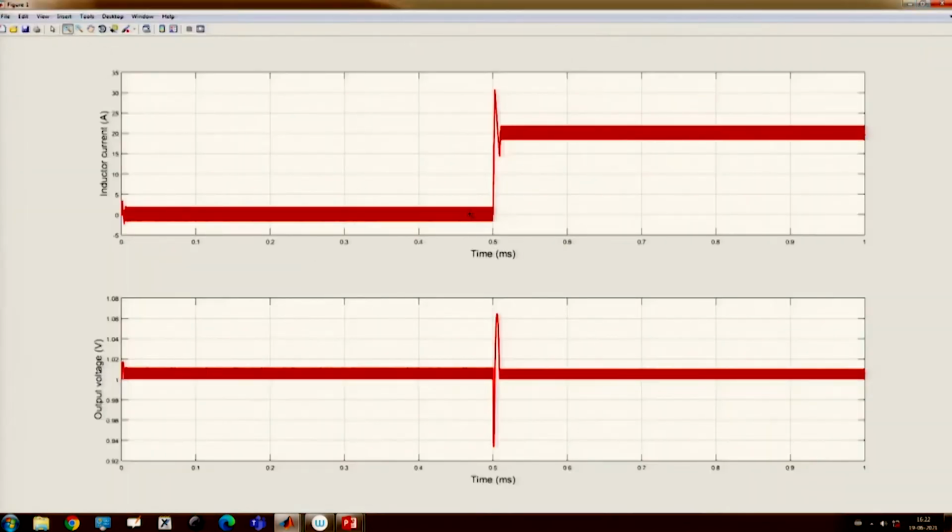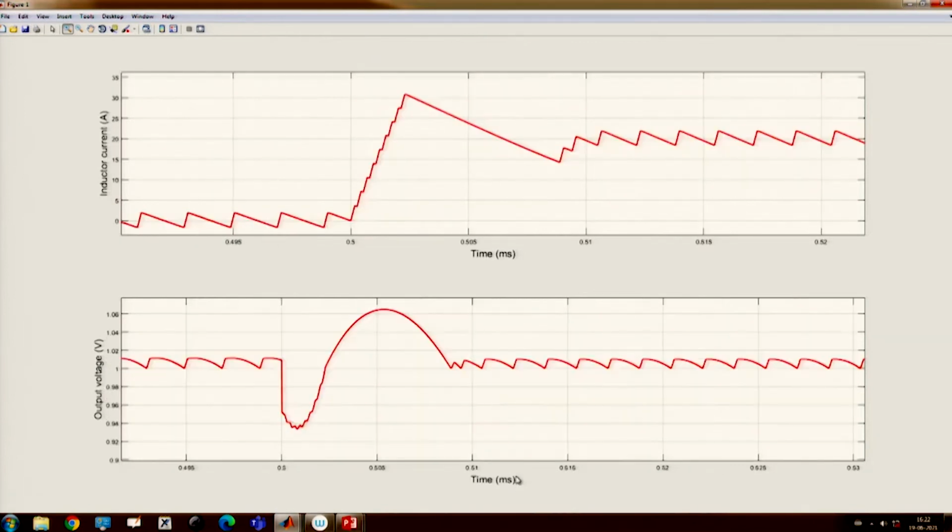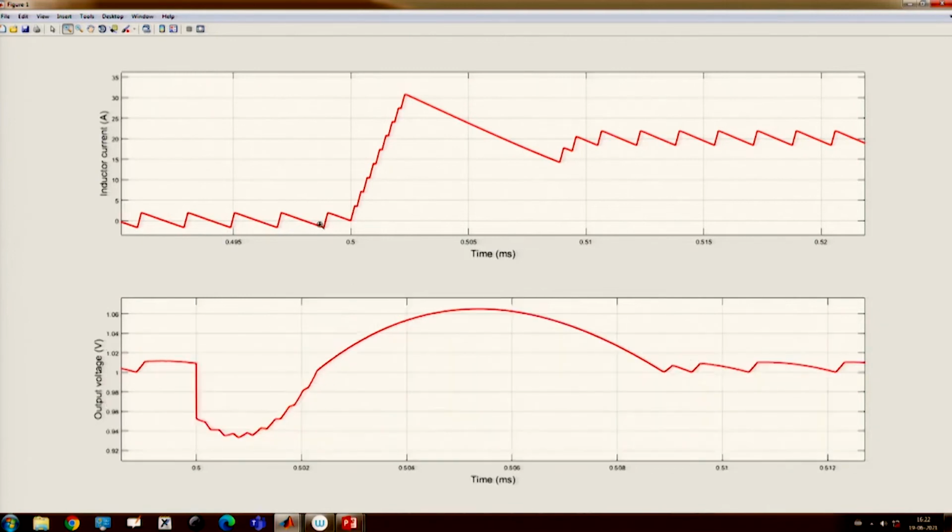How does it work? You can see initially, at this point we are applying a step-up transient, that means we are changing the load. Initially the load resistance was set to 10 ohm, and it is in continuous conduction mode throughout.